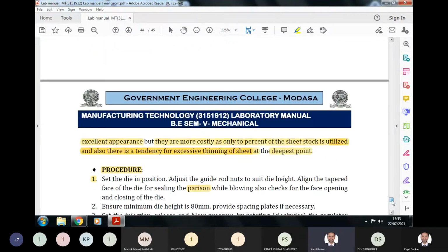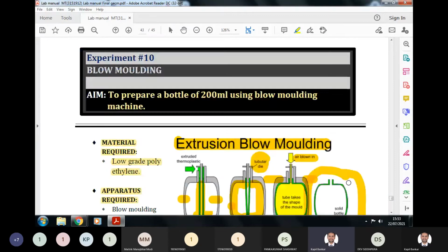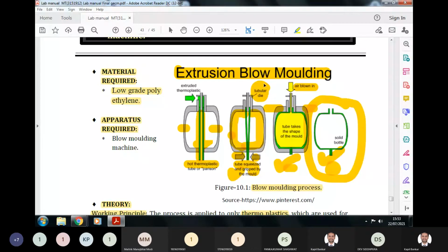See in this figure, just a minute. Yes. Here, this is the plastic tube. This hollow plastic tube is known as parison.